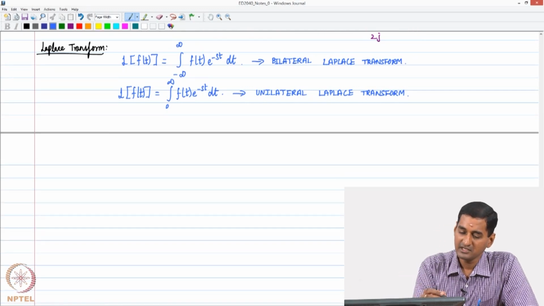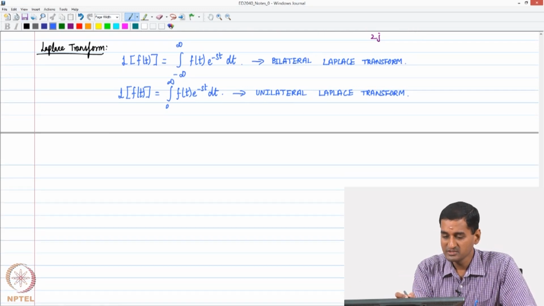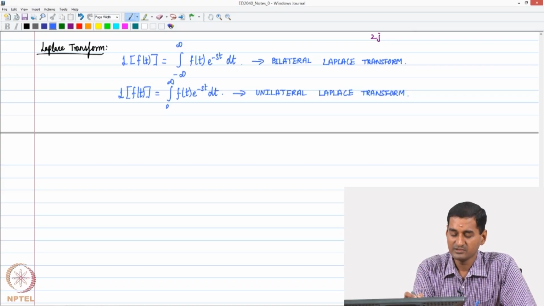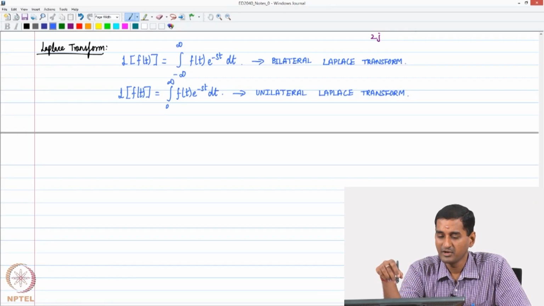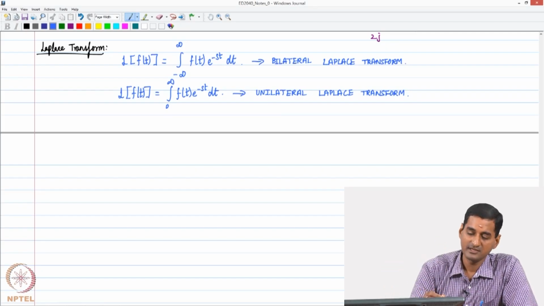Before we move on to learn how we are going to apply the Laplace transform in this course, I am just going to point out a few important functions that are going to be useful to us.